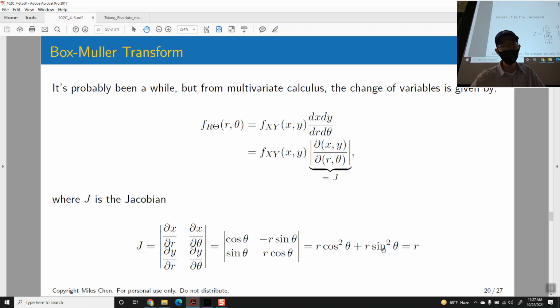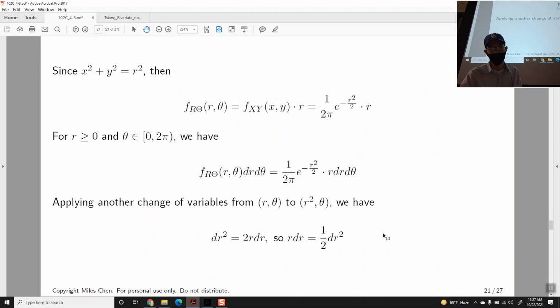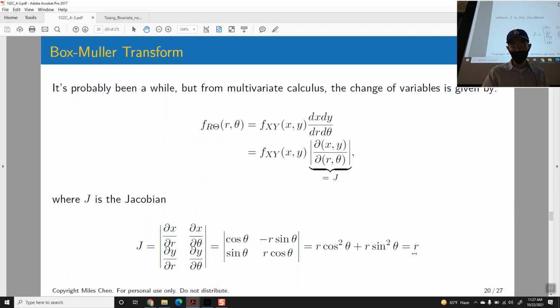So we can factor that out, and this just becomes r. Is this okay? We recall all of this, dusting off the cogs in our brain? Or maybe you remember all of this anyway. So, we have r here.